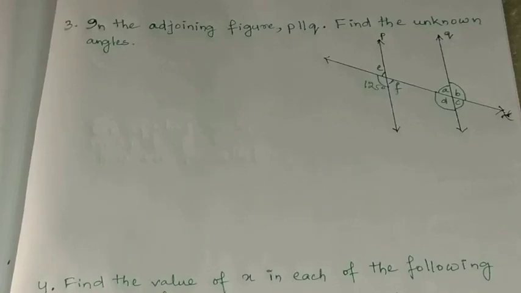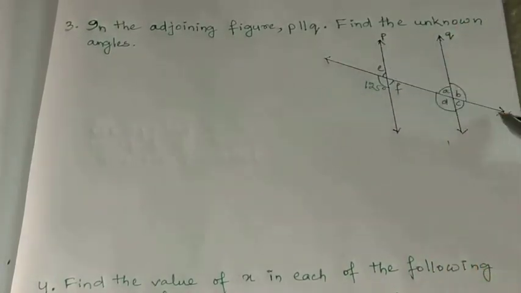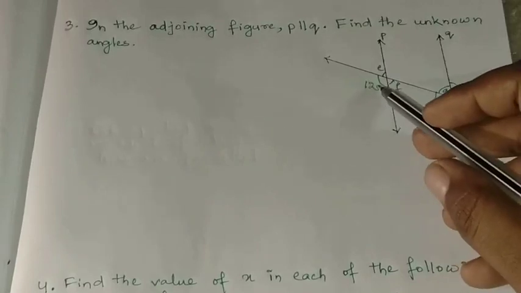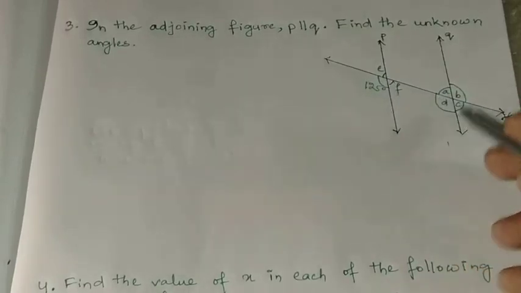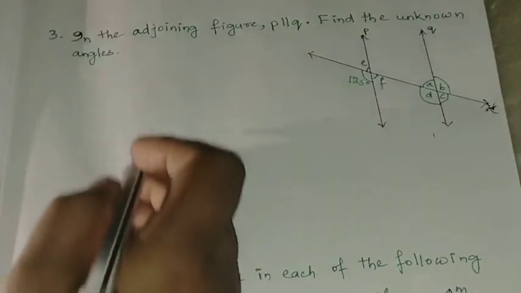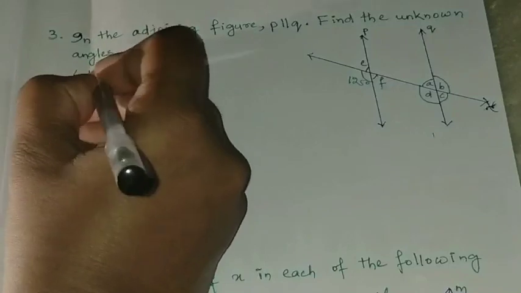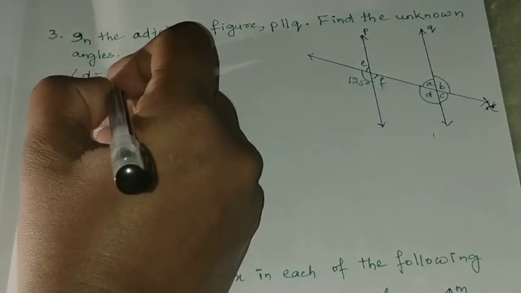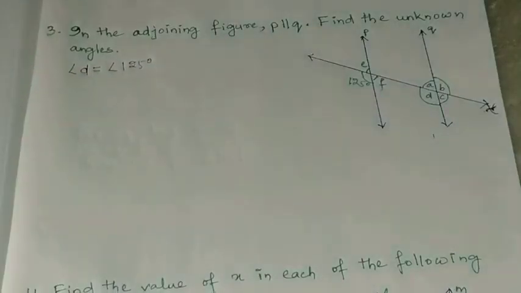So let's find the angles. One angle is given, this is 125. If these are parallel and this is the transversal, then angle D is equal to 125 degrees. Why?